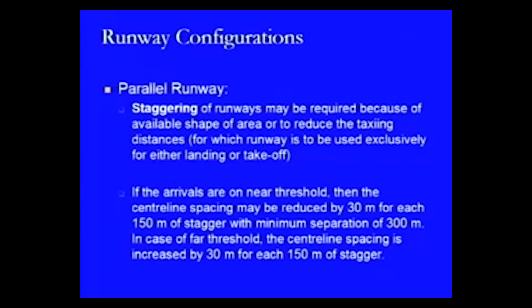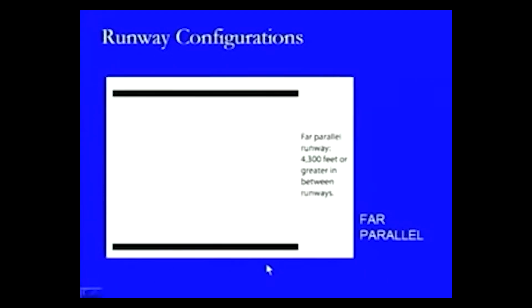In case of the far threshold movements, the center line spacing is increased by 50 meters for every 150 meters of staggering. We look at this as a far parallel condition, where the far runway strips are at a distance of 4,300 feet or more, though a larger area is being provided in the center of these two.